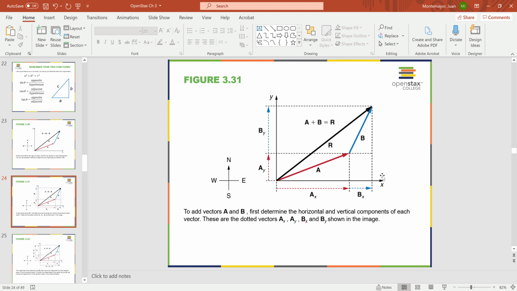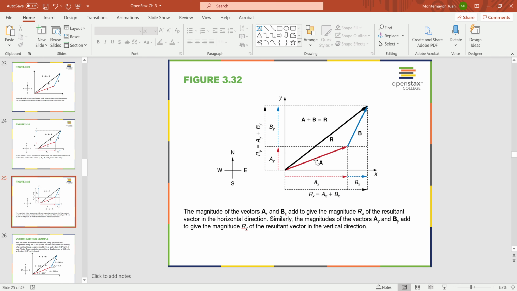So if you break it down, you have your ax stops around here, and your ay stops around here. And then you add your bx, which stops around here, and your by, which will stop around here. Okay? And again, all these should equal your resultant.